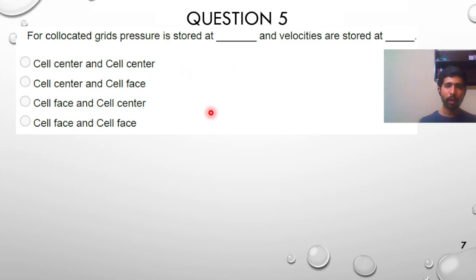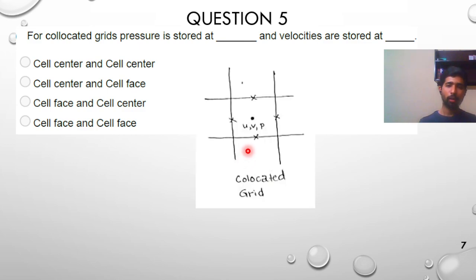So in collocated grid, which is our normal grid, all the variables are stored at the centroid of the control volume only. All velocities and pressure. So for collocated grid, pressure is stored at cell center, and velocity is also stored at cell center. So A should be the correct answer.